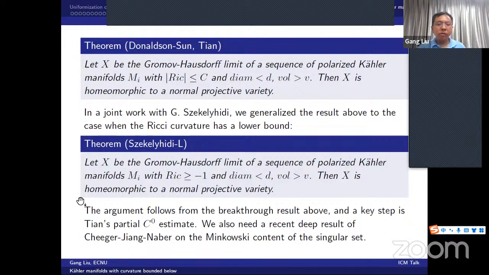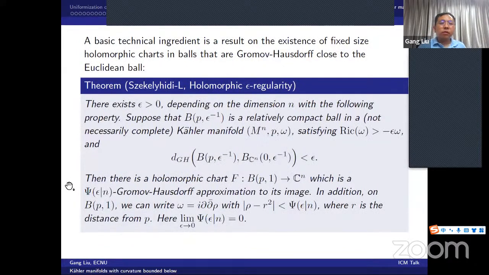So we also need a deep result of Cheeger, Jiang, and Naber on the Minkowski content. So a basic technical ingredient is a result on the fixed size holomorphic chart in balls that are Gromov-Hausdorff close to the Euclidean ball.